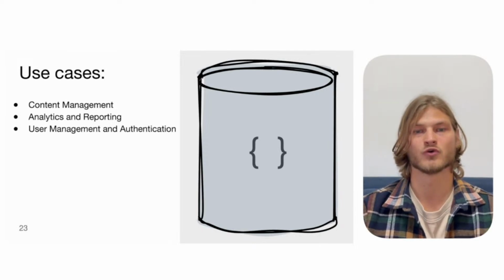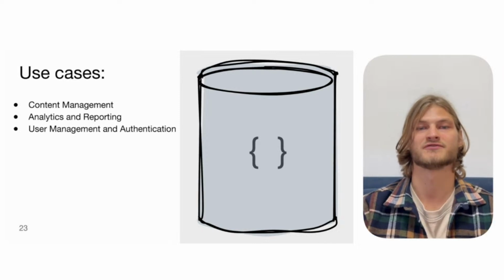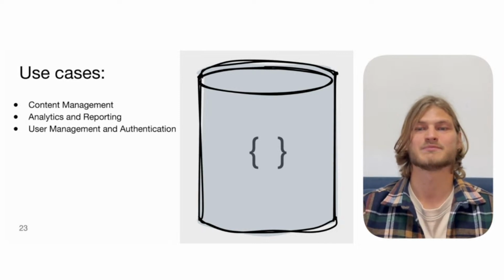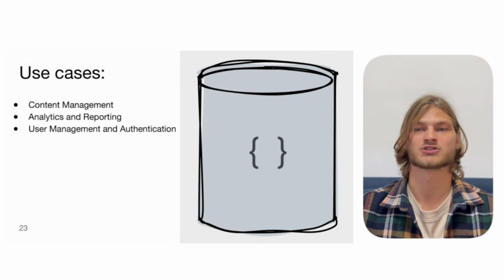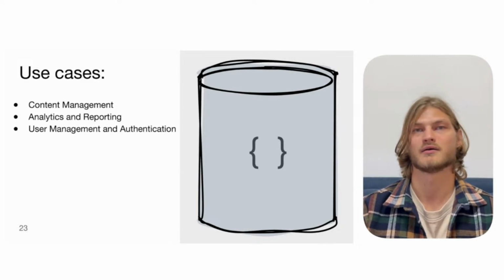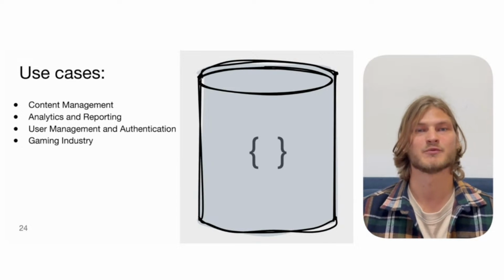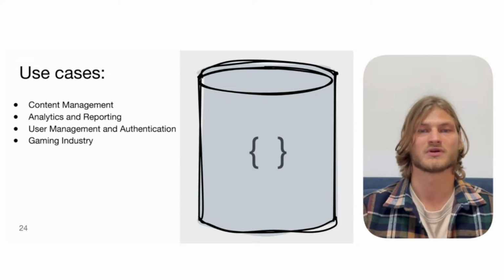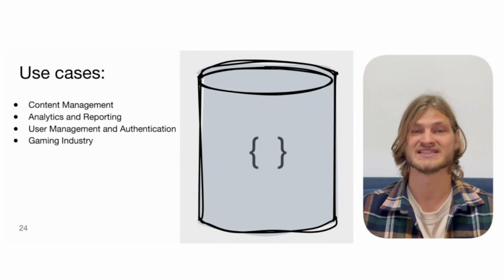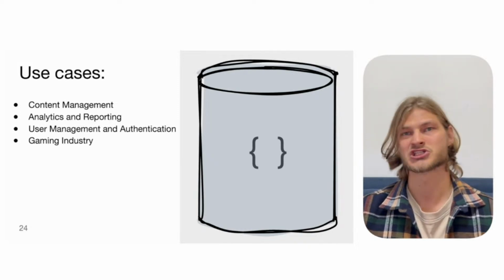Also, it is good for user management and authentication. It simplifies user management. You can store roles and authentication in it. Also, it's widely used in the gaming industry because you can store game objects, character settings, and player achievements in it.